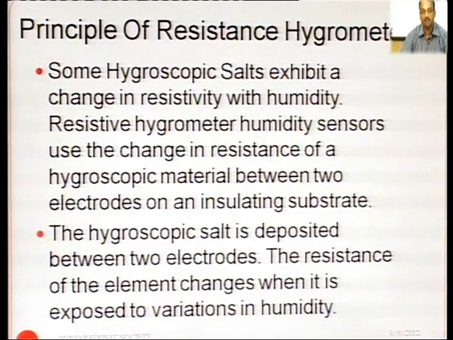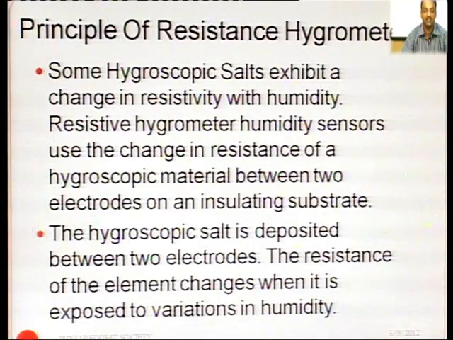The basic principle of these resistance hygrometers is that some hygroscopic salts exhibit a change in resistivity with humidity. Resistive hygrometer humidity sensors use the change in resistance of a hygroscopic material.